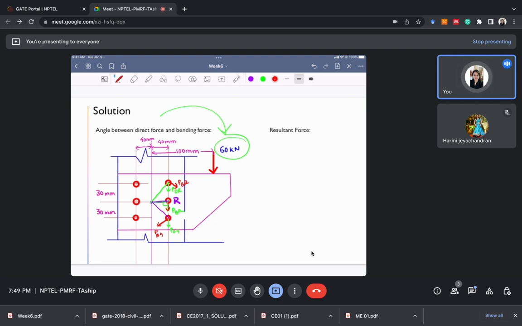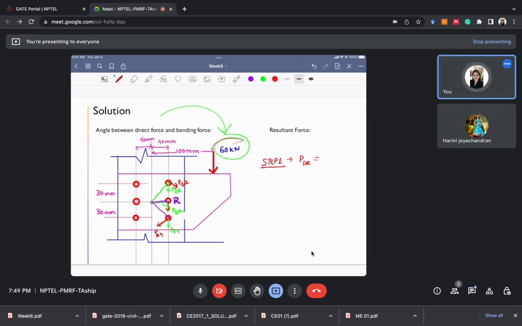In this case also we have to follow those four steps. Can you tell me the value of direct force for bolt R? That is step number one. That is applied load.